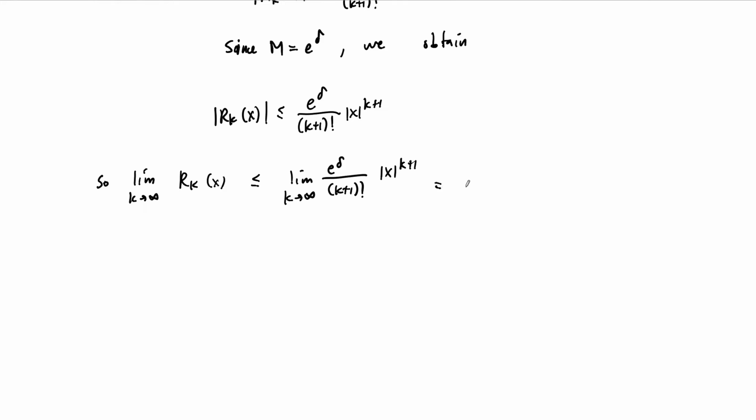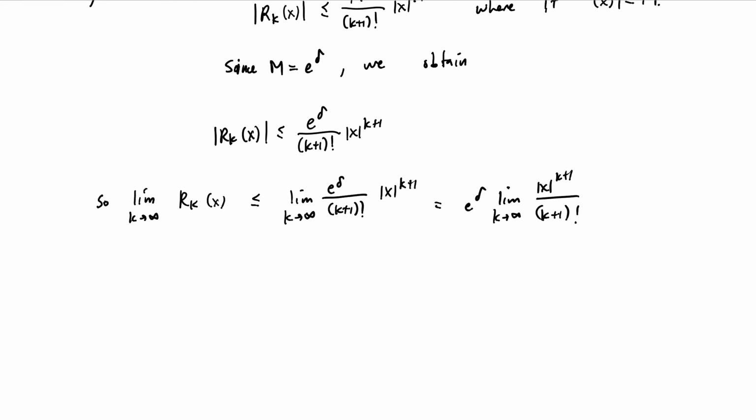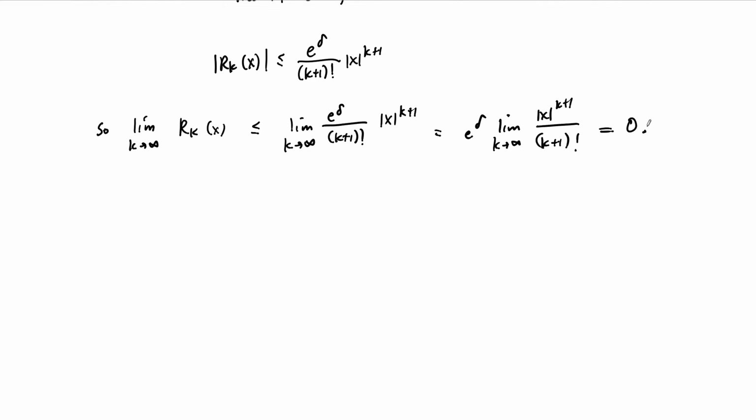And then, of course, e to the delta comes out. Again, constant, right? Limit as k approaches infinity of x to the k plus 1 over k plus 1 factorial. And at this point, we go back up and take a look at our lemma. And our lemma tells us just replace k by k plus 1. This limit must be 0, right? And so this limit is 0.